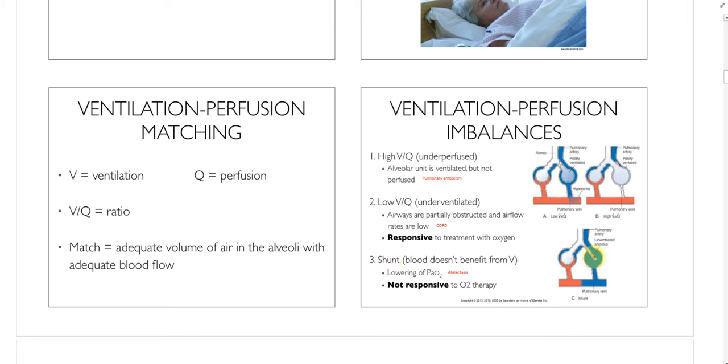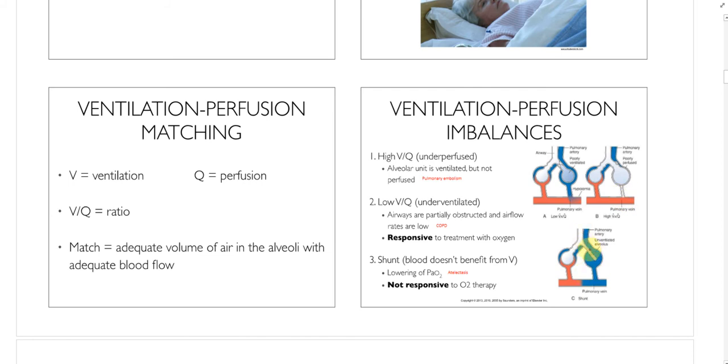For a shunt, which is what we have down here, we simply don't have airflow. We've got plenty of blood flow going on compared to, say, this pulmonary embolism here.